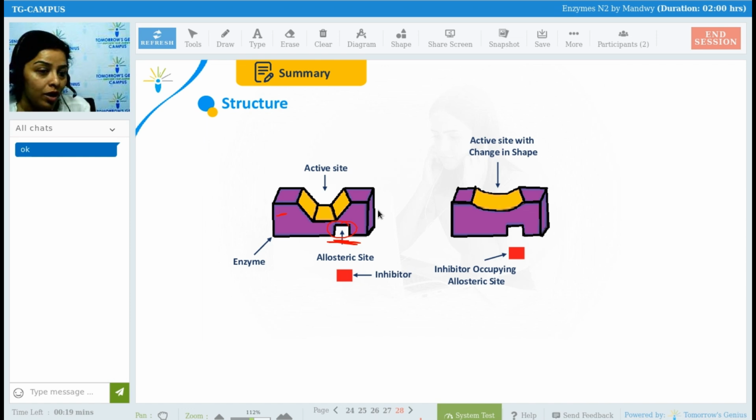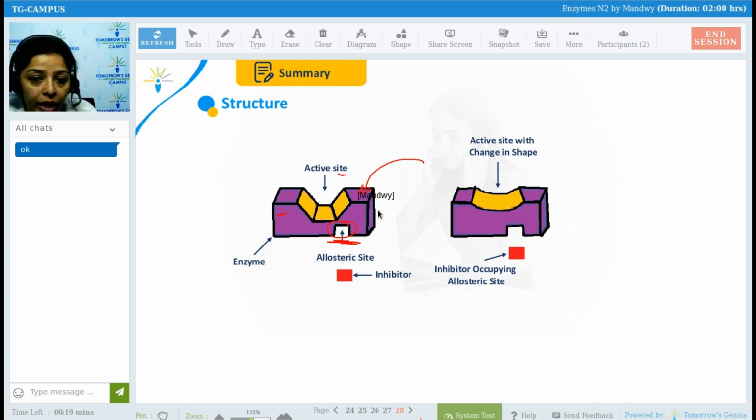Non-competitive inhibition means the substrate, not the product, okay? A similar type of substrate will bind to the enzyme at a site other than the active site. They are not saying allosteric or any specific site, but other than the active site.